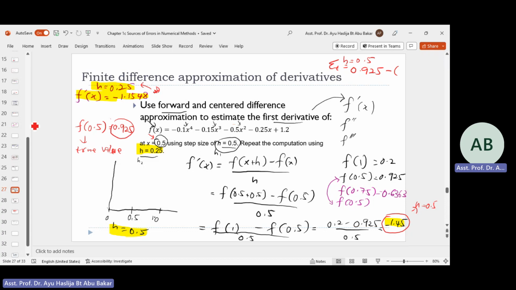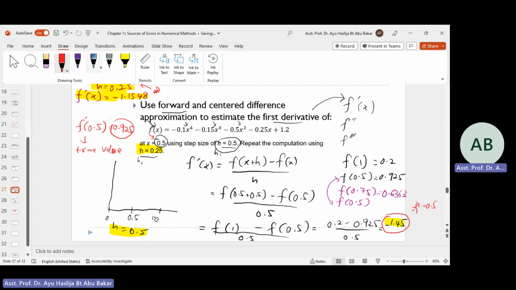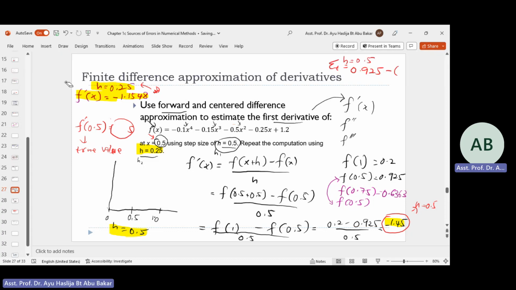True value is when x equals 0.5, but f prime. Sorry, f prime for 0.5. So you need to find out the f prime for 0.5. Sorry, so this is not the value. The 0.925 is f 0.5, not the f prime.